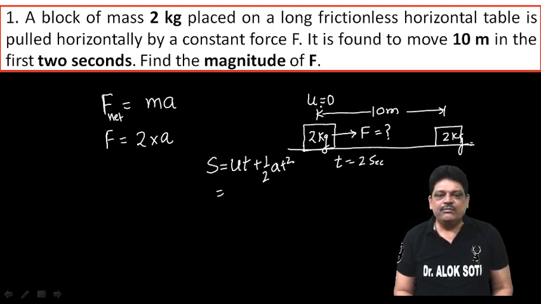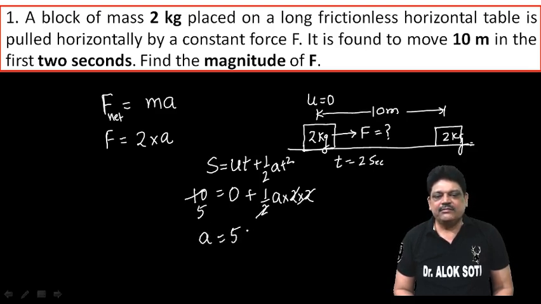Initial velocity u was 0 because your block was at rest, and you have to find out the acceleration in 2 seconds when it travels 10 meters. This 2 will cancel, again this 2 will cancel to 5. You can find out the acceleration is nothing but 5 meters per second square.